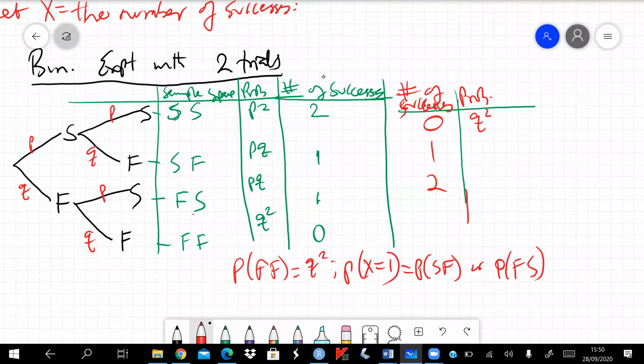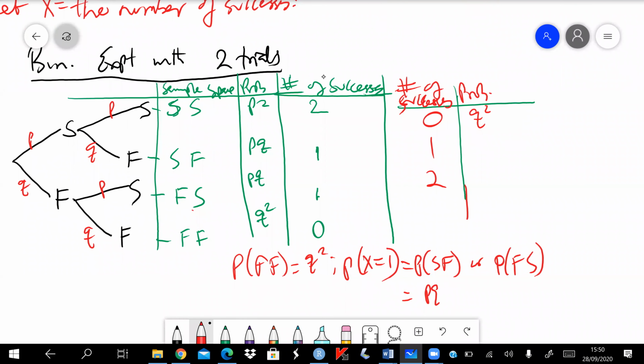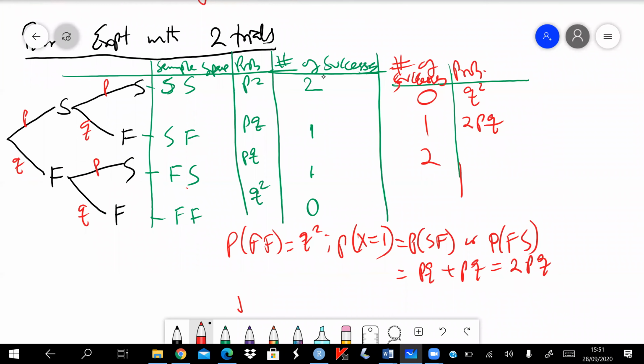So we add those two probabilities, which is PQ plus PQ, which is 2PQ. Then finally, the probability of getting 2 successes, or the probability that X is equal to 2, is equal to the probability of SS, which is given by P squared.